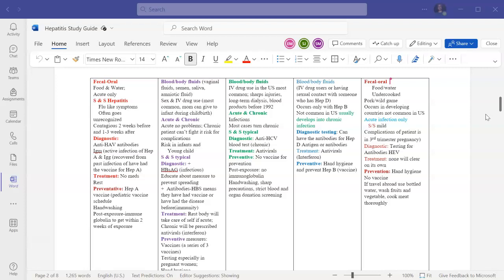You see Hep A and Hep E are very similar in how they spread. Hepatitis B, C, and D spread through blood, body fluids.